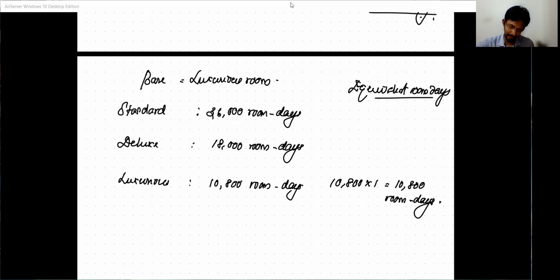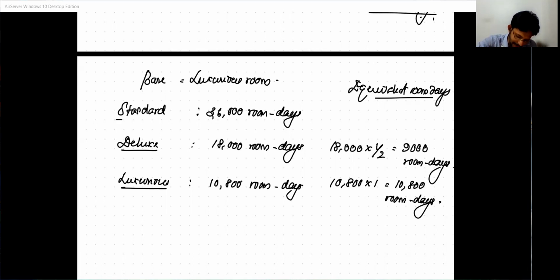Now, in the case of the next one, one luxurious room is equivalent to 2 deluxe rooms, or one deluxe room is equal to 1/2 of a luxurious room. So here it will be 18,000 deluxe room days, which is equivalent to 18,000 into 1/2, that is 9,000 luxurious room days.